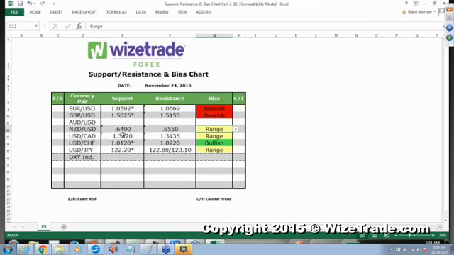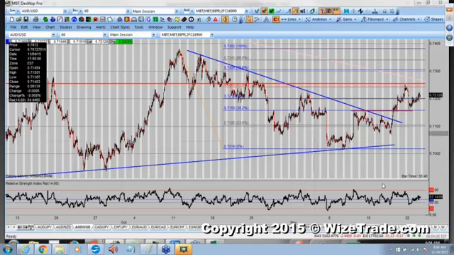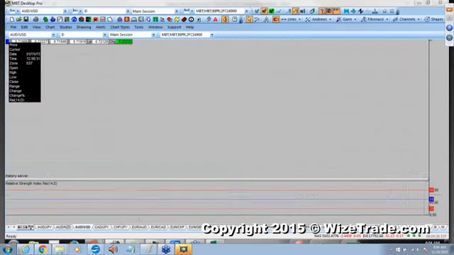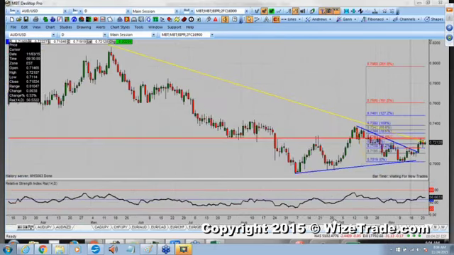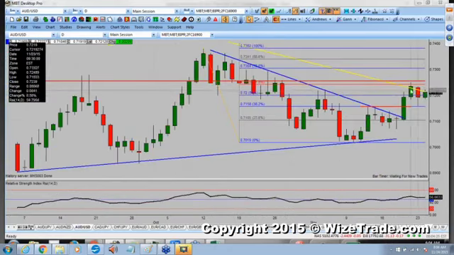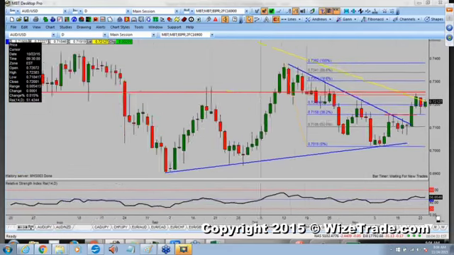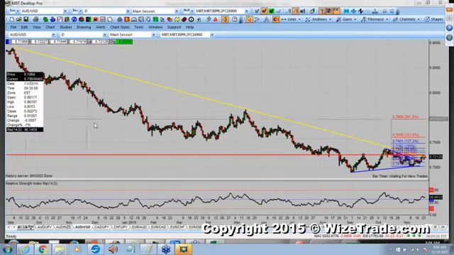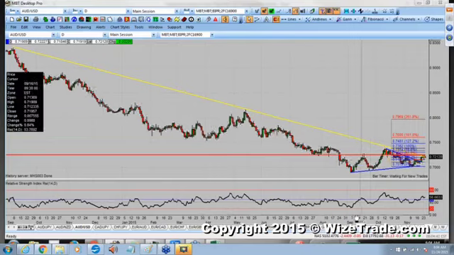71.55. Okay. The question is, where's the resistance? And so the resistance, as you guys know, is 72.50. That is a downsloping trend line that we're currently at. Let's just zoom back out on this daily chart. Okay, right? We're basically on that resistance.